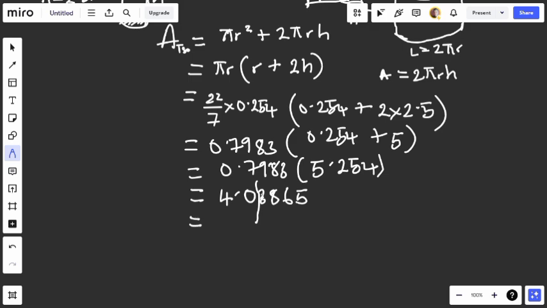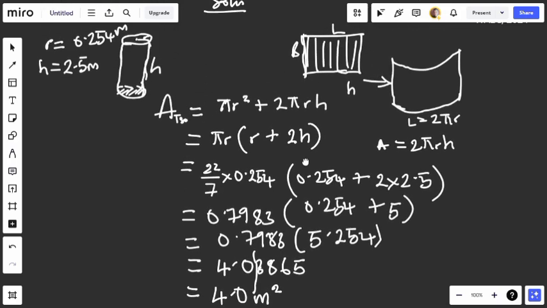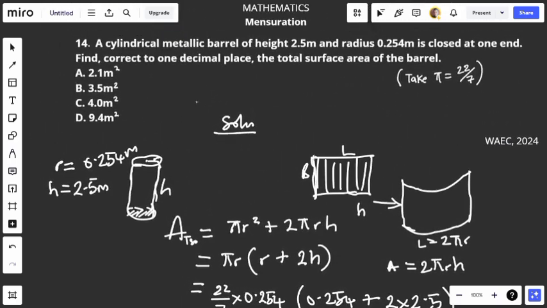Is it up to 5? No. If it was up to 5, we would add 1 to make it 4.1, but it's not up to 5, so we round it to 4.0 meter squared. So 4.0 meter squared is the total surface area, which is option C. Thank you.